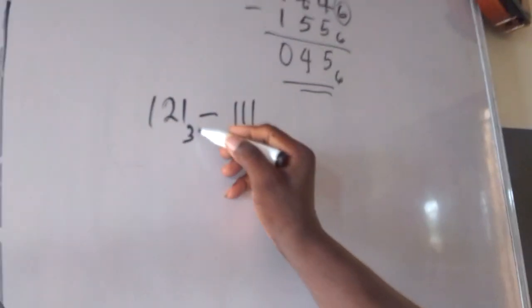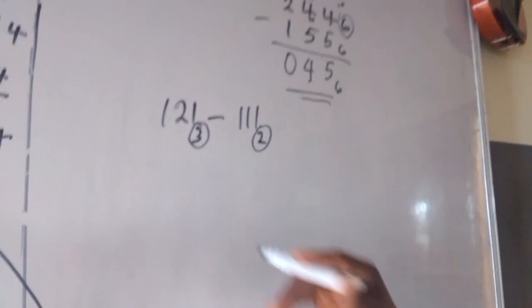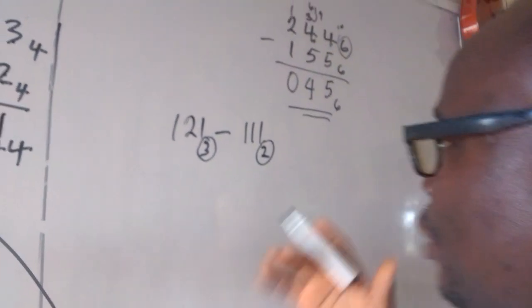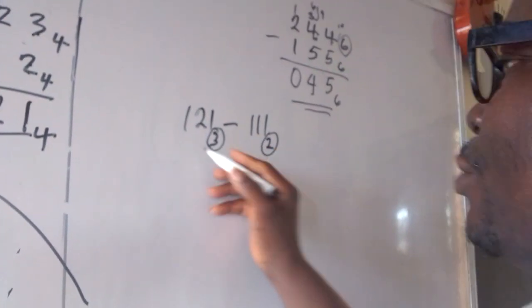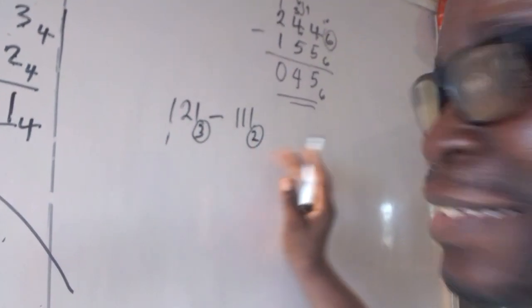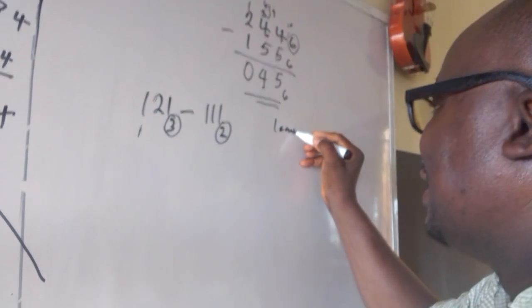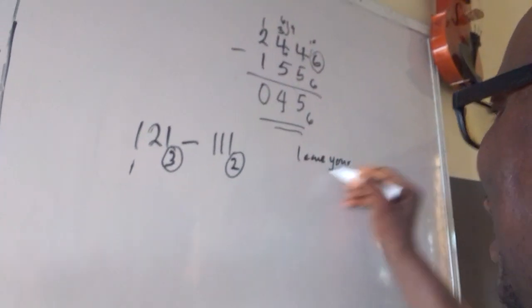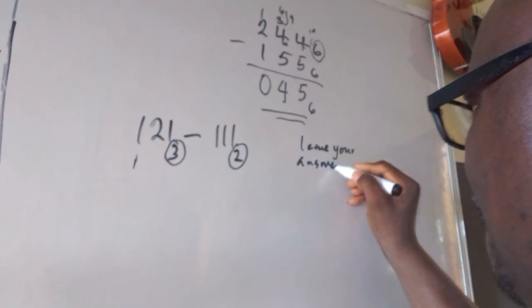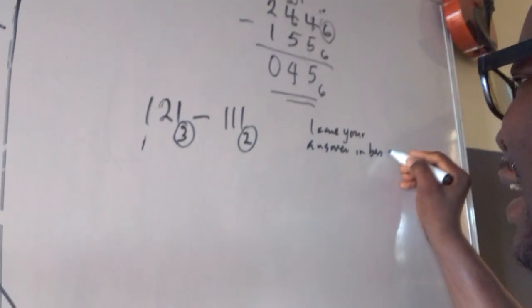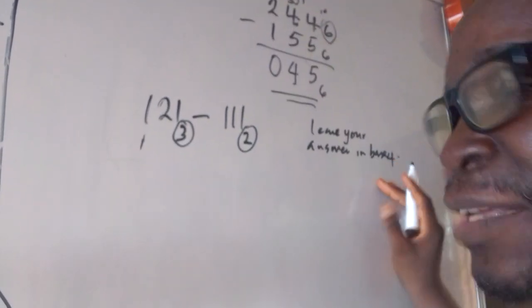You can see both of them are in different bases. So we can decide to convert each of them to base 10 and subtract. If they do this, they will always tell you to leave your answer in, maybe, base 4, for instance.